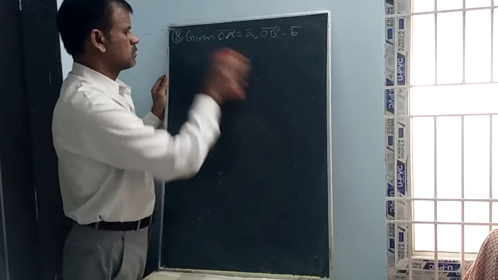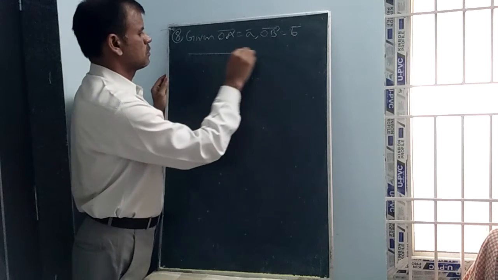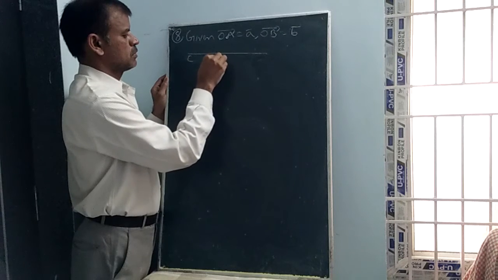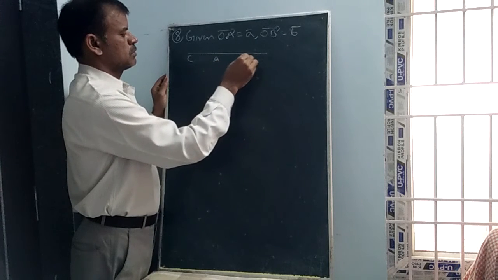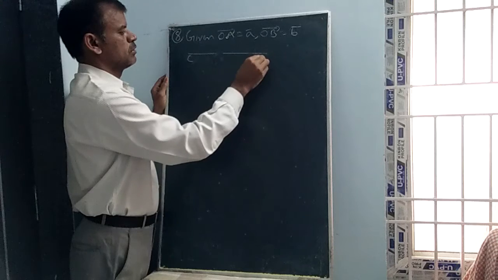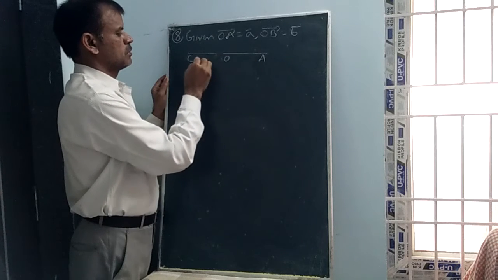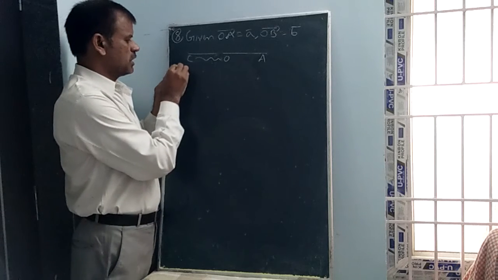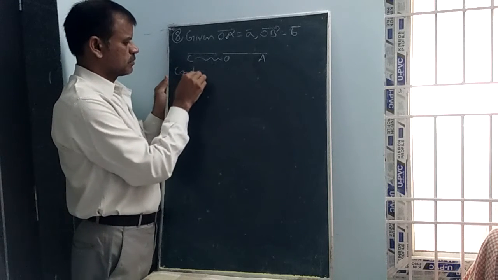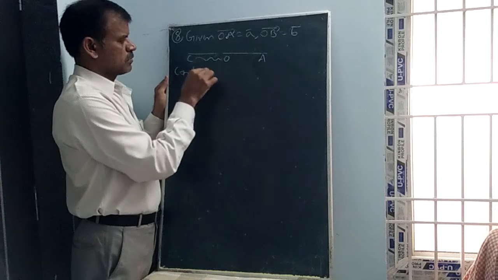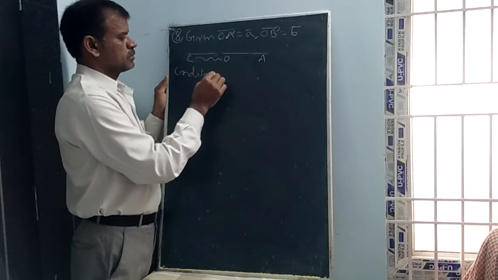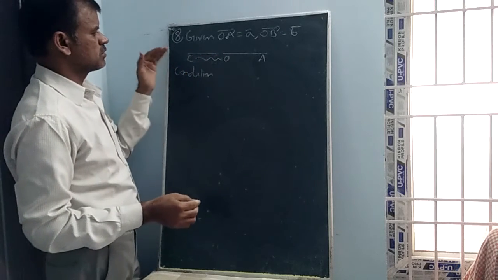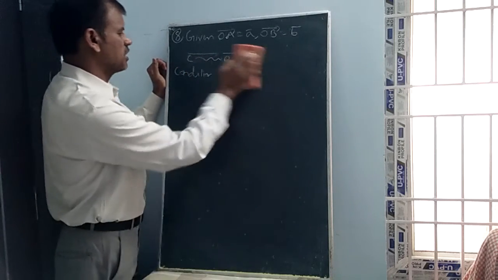Two AC equal to minus OC, so this is the condition I am writing. Two AC equal to 0 fully, so the length should be great.